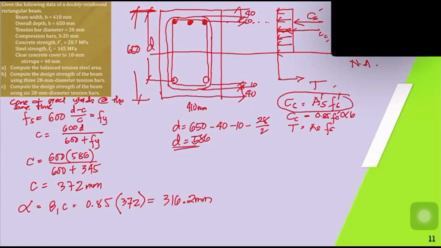So we need to find Fs prime, which is 600 (C minus D prime) over C. What is D prime?